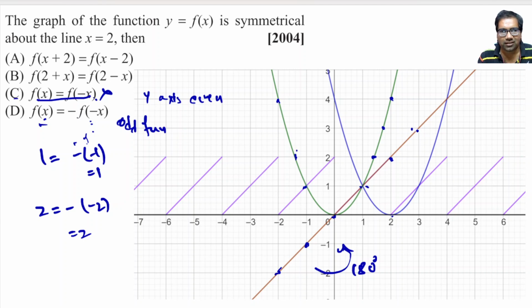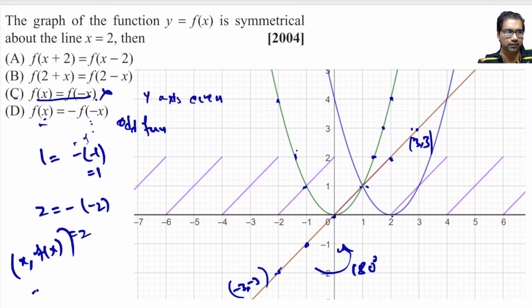If x, y are there on the graph, for example 3, 3, then minus x, minus y should also be there on the graph: minus 3, minus 3. So f of x means the coordinates x comma f of x. Then minus x, f of minus x should also be on the graph.